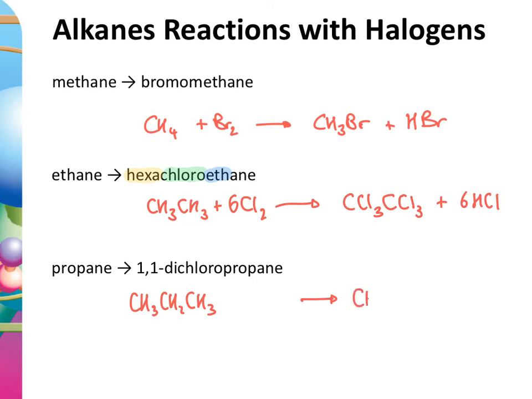So 2 of those hydrogens on the first carbon have been replaced by chlorines, hence CHCl2 instead of CH3, and then that is the rest of our molecule. We have replaced 2 hydrogens, so we are going to need 2 chlorine molecules. And we have replaced 2 hydrogens, so we are going to make 2 hydrogen halides.